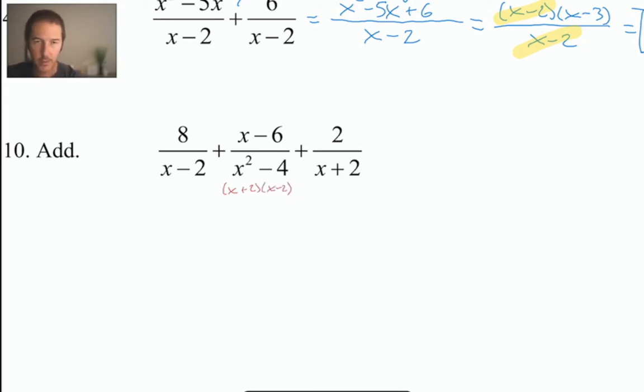So you can actually replace, if I were taking notes, which you should be, I would copy down this original problem, and then I would rewrite the original problem with this new denominator. The second time you write it down, just change that middle denominator to x plus 2 times x minus 2.